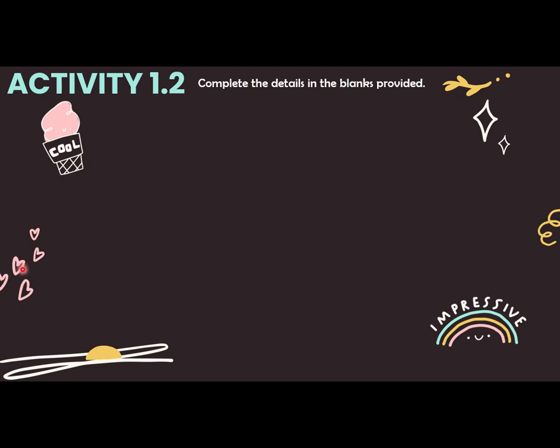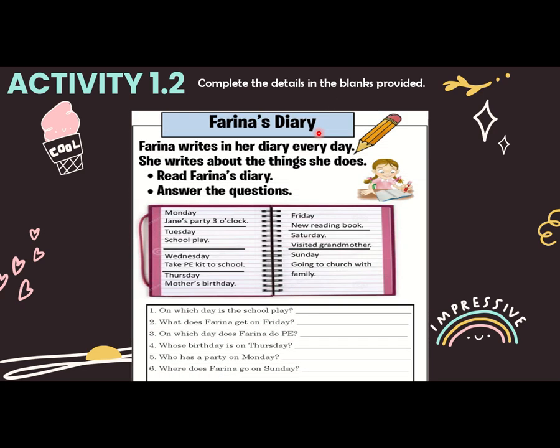Okay, so we are going to test the skills that you have learned in our lesson today. In activity 1.2, you're going to complete the details in the blanks provided. Here is another format of a diary entry, which you can also follow.